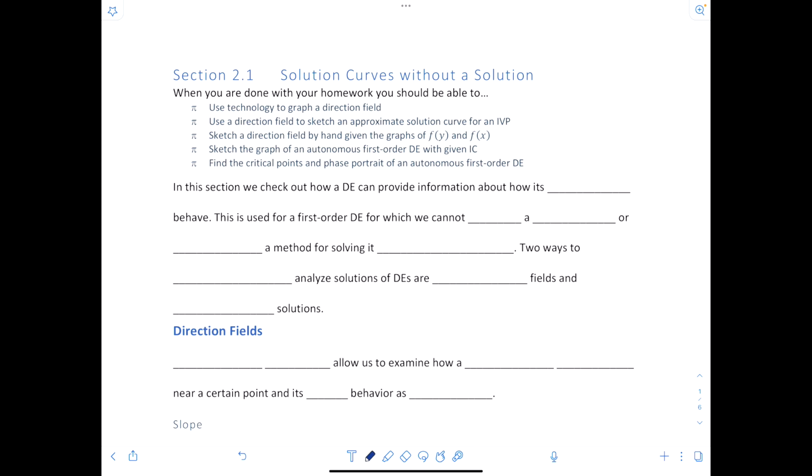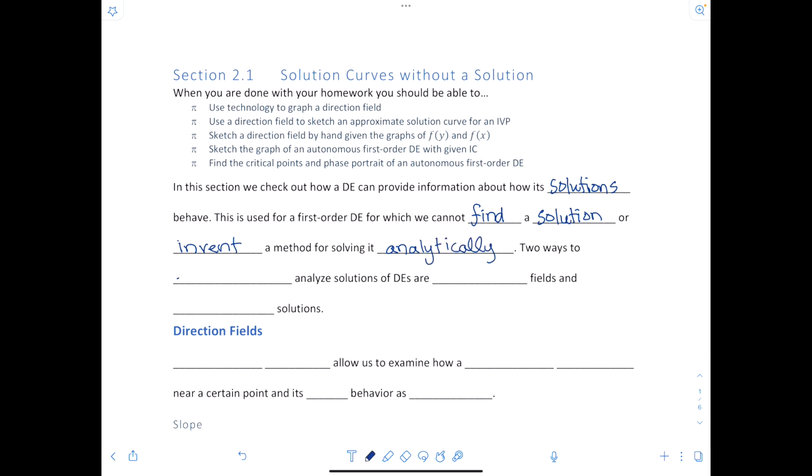So, in this section, we check out how a DE can provide information about how its solutions behave. This is used for a first order differential equation for which we cannot find a solution or invent a method for solving it analytically.